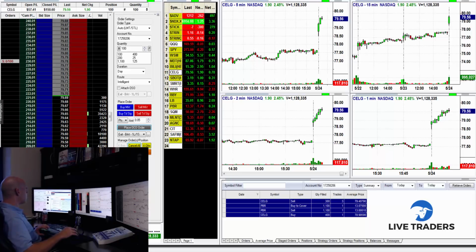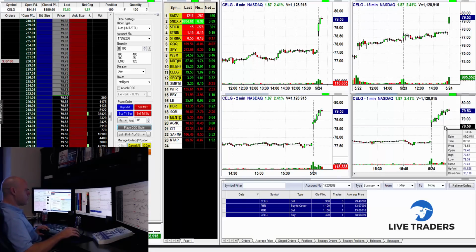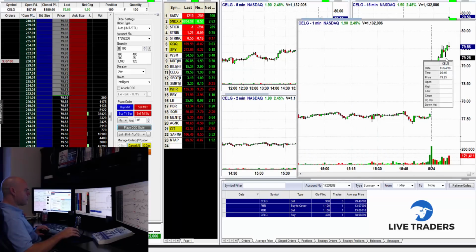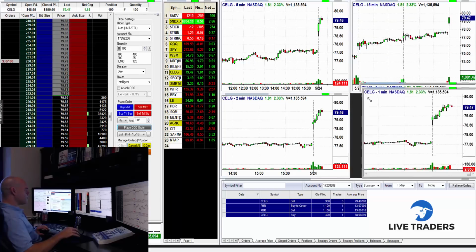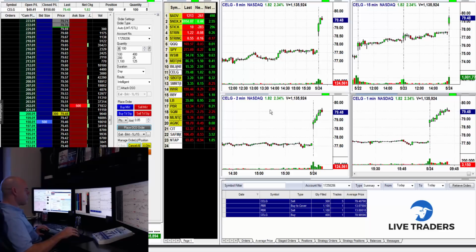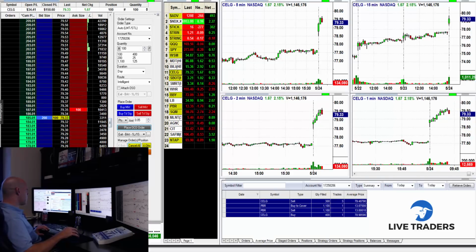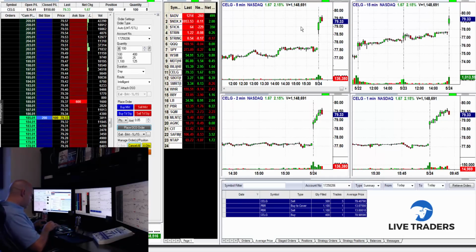Putting it under this little 1-minute pivot. See it right there? Blow it up. See that 1-minute pivot right there? That's where I'm putting the stop. It's a bummer we didn't get the tighter stop on Selg. I'm really disappointed with myself, guys. And it's going to tag us here, it looks like anyway. All right.